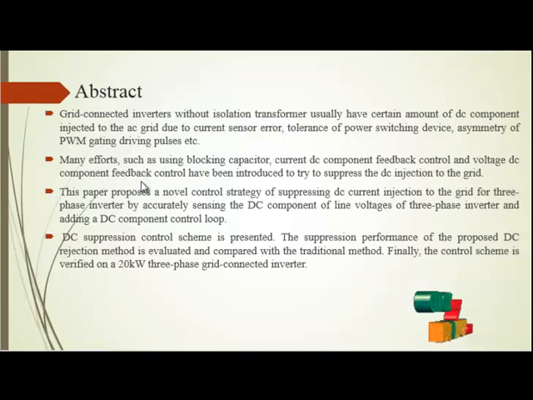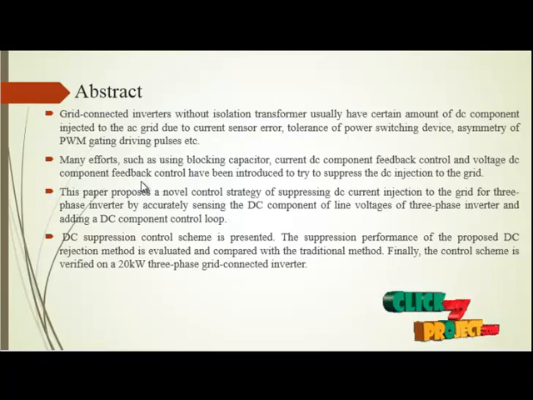The paper proposes a novel control strategy for suppressing DC current injection to the grid. It accurately senses the DC component of the line voltage of the three-phase inverter and adds a DC component control loop. The DC current suppression control scheme is as presented.